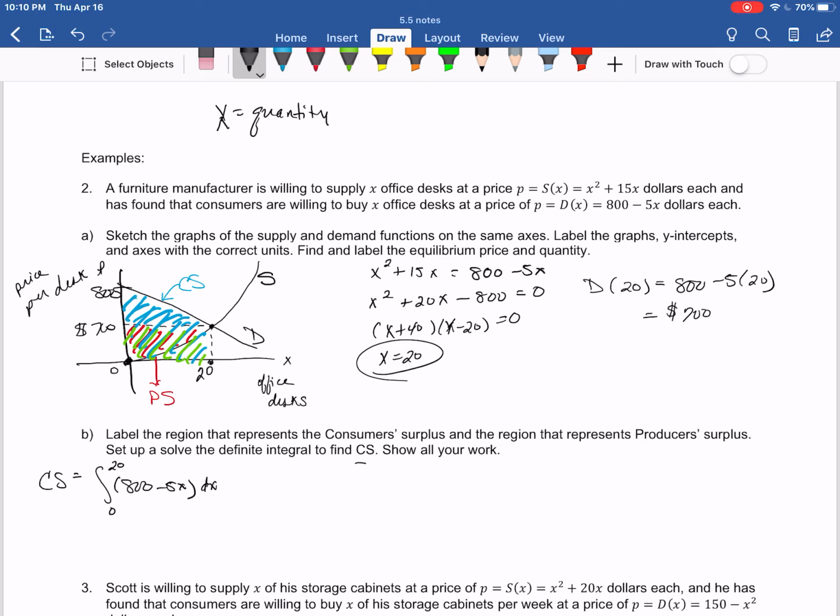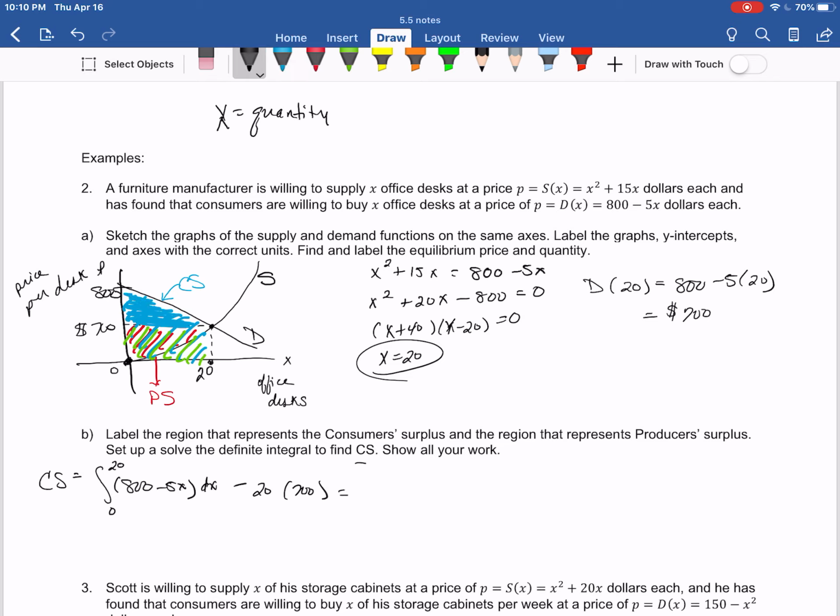And then it's going to subtract the amount that the consumer actually paid, which is the green rectangle, whose area is 20 times 700. All right, that was the whole point of finding that point of equilibrium. And the leftover piece is going to be what's on top. So I'm going to shade that in extra blue. That's what I'm going to end up getting for my answer.